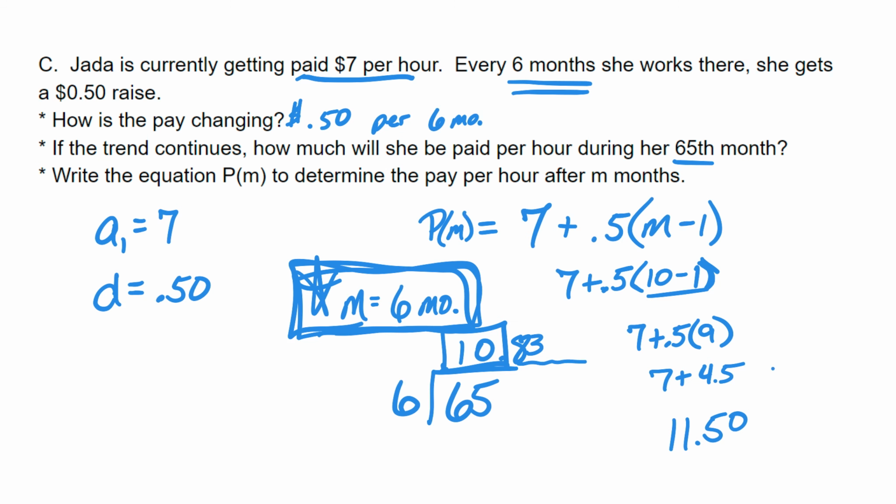Very important you read your question. Make sure I did. It says, how much would she get paid during, not after. That's why I didn't do 66. It says during her 65 month. So she would only get paid, she would get about a $4.50 raise over that period of time, and she would make $11.50.